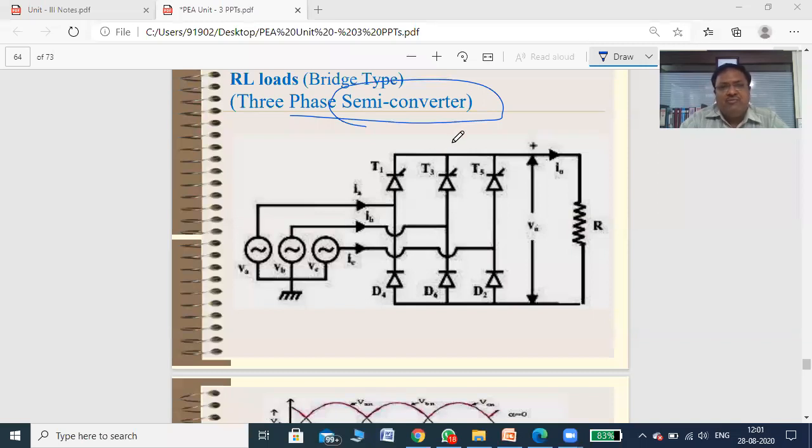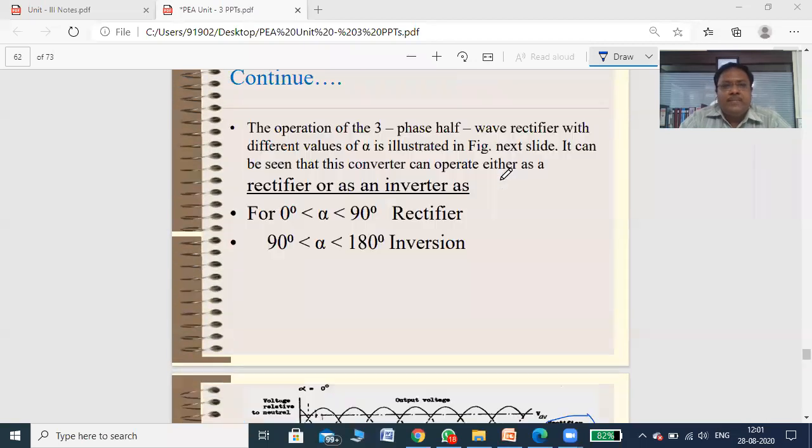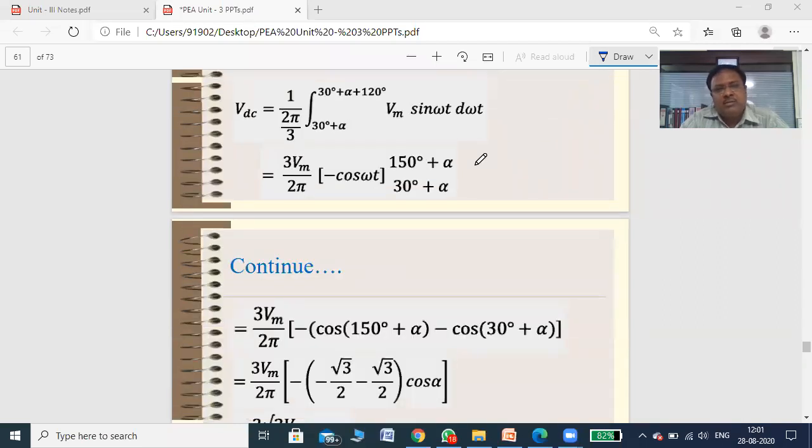So anyone from your class, I'm just waiting for your reply. If suppose you are not explaining, then definitely I'll understand that no one can understand the three-phase converter. Okay. Yes. Anyone from your class, if you want to explain.